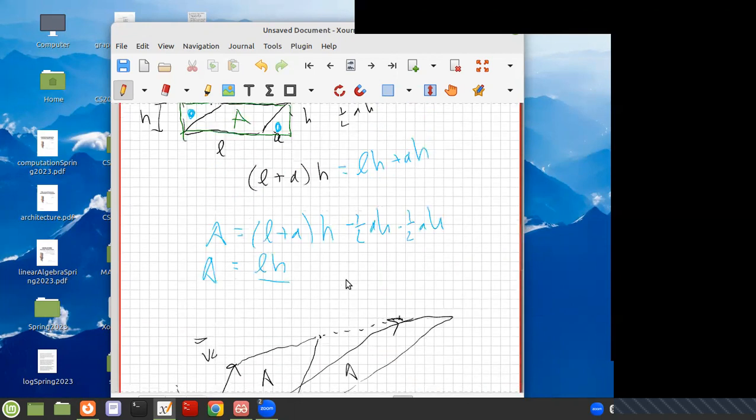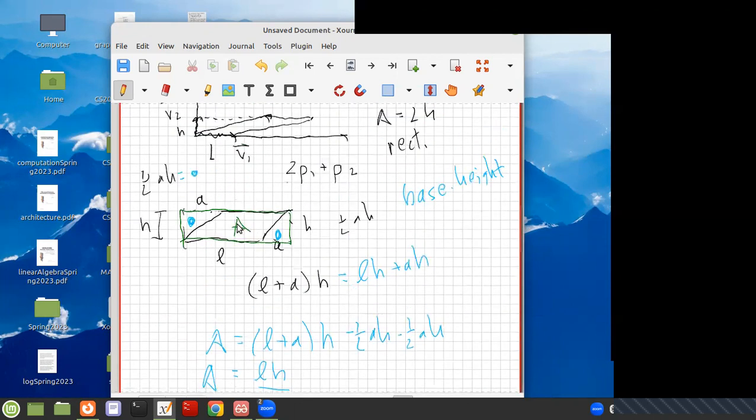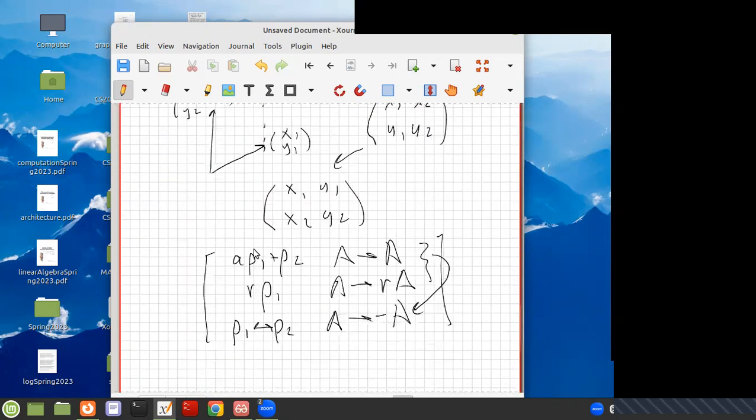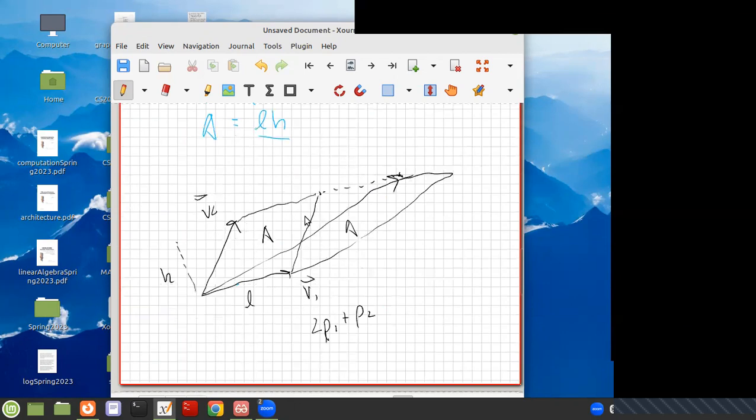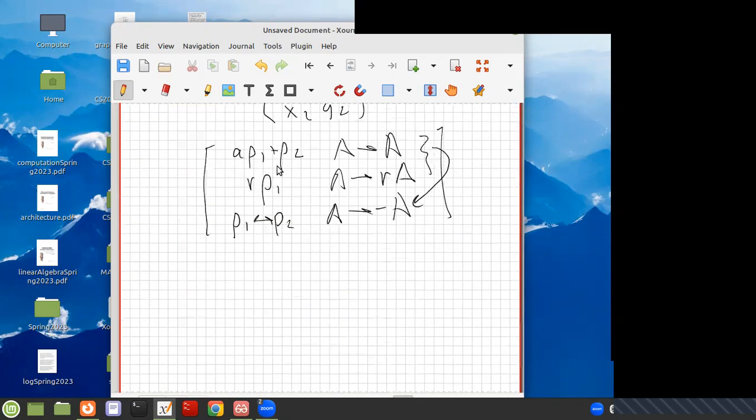So I'm trying to motivate that there's a connection between determinants and these areas. The text doesn't take this point of view, it treats it at the end, but I'm trying to show you that parallelograms have nice properties with respect to row operations. And this is true even in higher dimensions. If I take, in 3-space, 3 vectors with 3 components, the same thing is true.